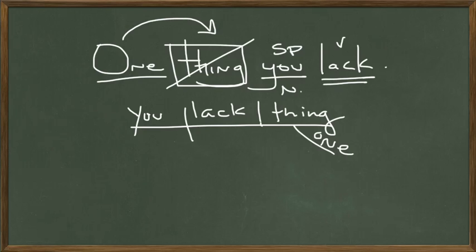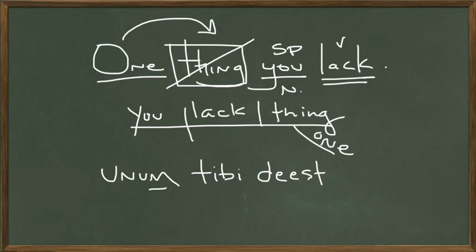So we end up with the sentence: unum. There's our one thing, it's in the accusative case, direct object. Unum tibi deest. We'll come back to tibi in a minute. And there's our compound form of sum right there.